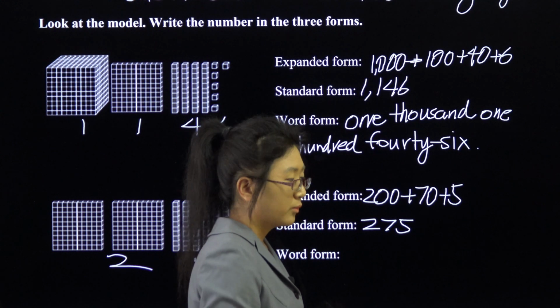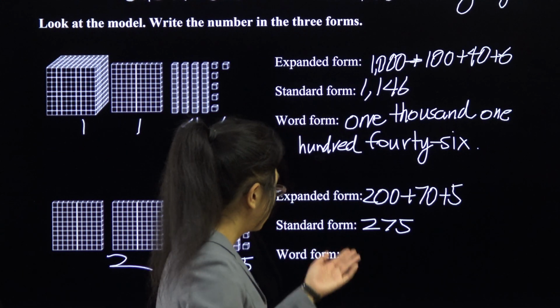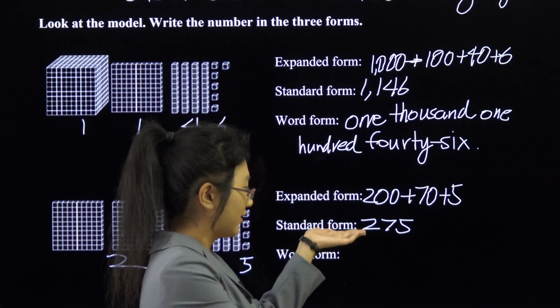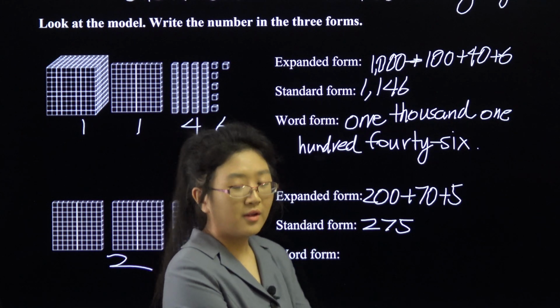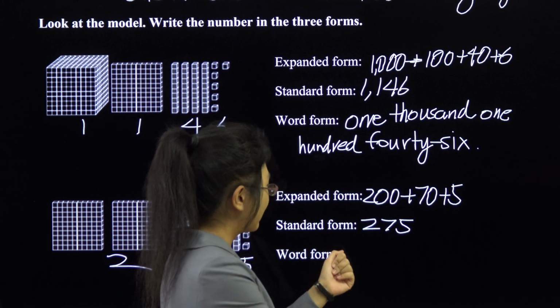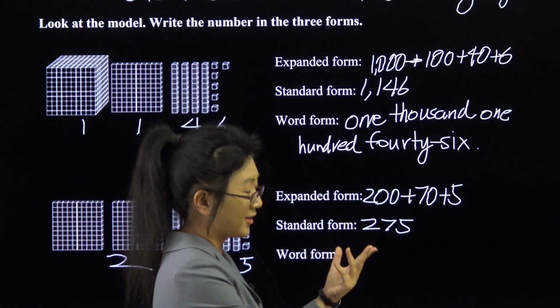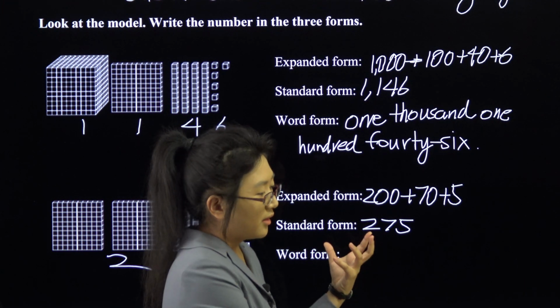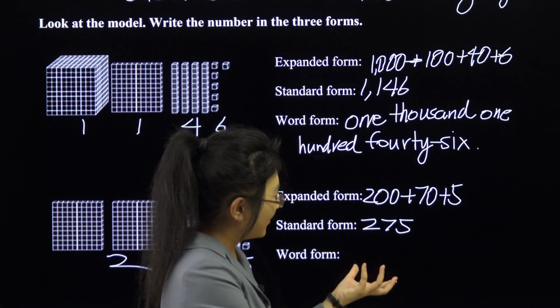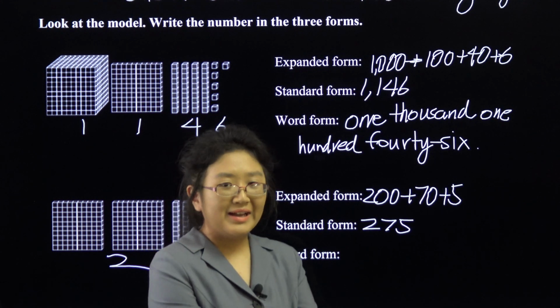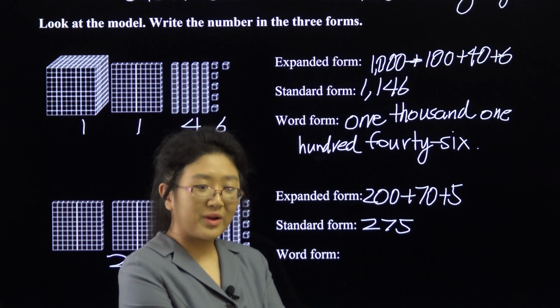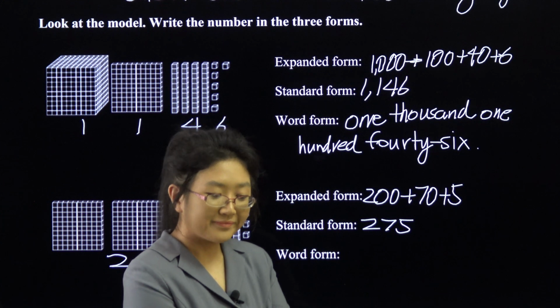The word form will also not have 1,000 because, well, you wouldn't read this out as zero thousand something something. If we read out every place value that didn't exist in the number, well, you see, there's a reason why infinity is a thing.